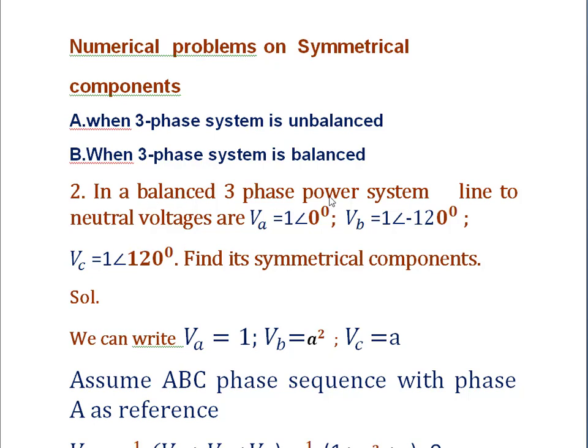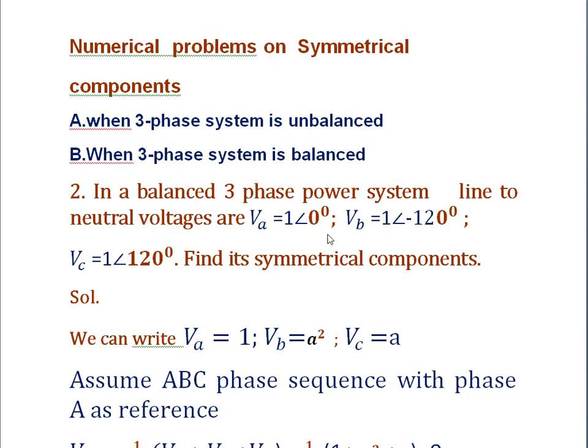In a balanced three-phase system, line to neutral voltages are given like this. VA is equal to 1 at an angle of 0 degrees, VB is equal to 1 at an angle of minus 120 degrees, VC is equal to 1 at an angle of 120 degrees. Find its symmetrical components.